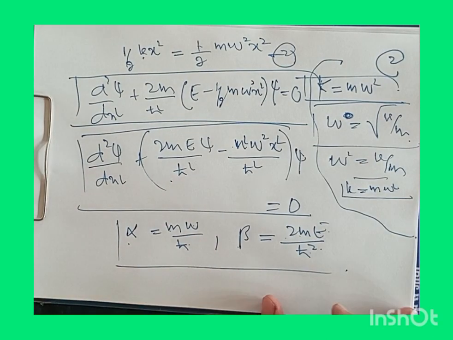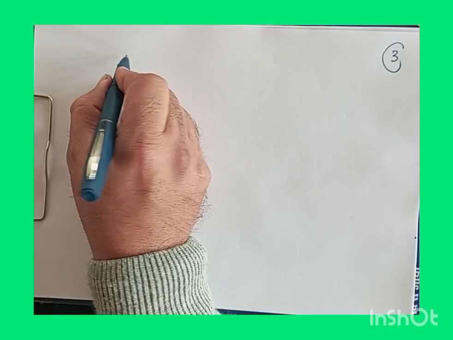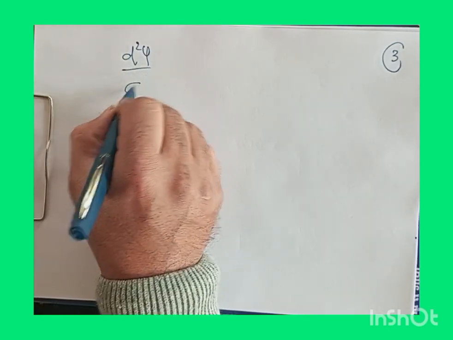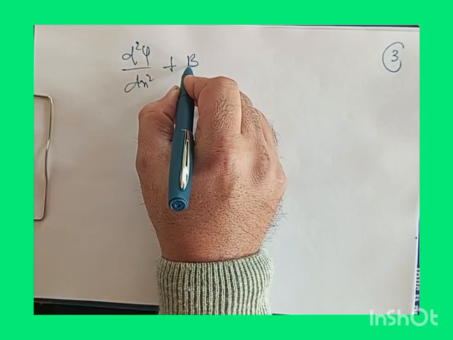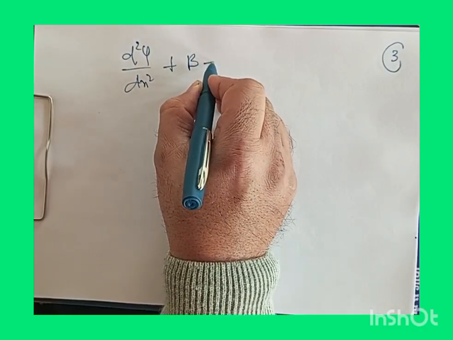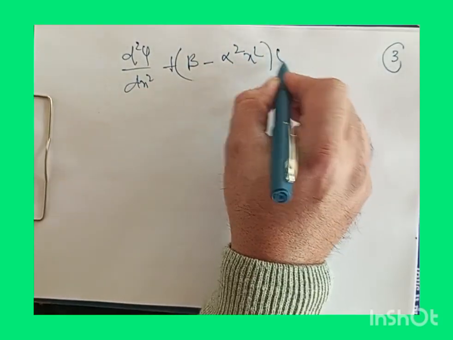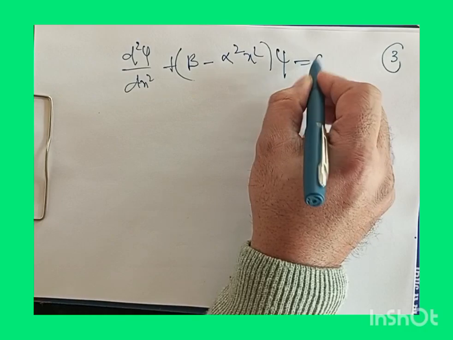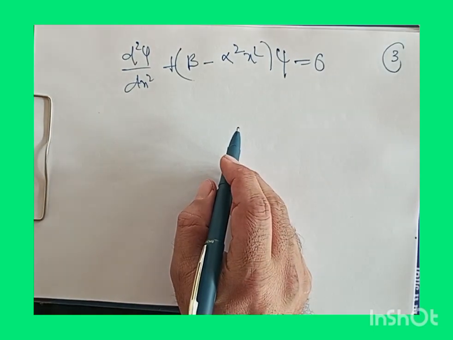So in the Schrödinger's equation, we will have d2 psi by dx2 plus (beta minus alpha square x square) psi equal to 0. That thing I have already explained. Very simple substitution.